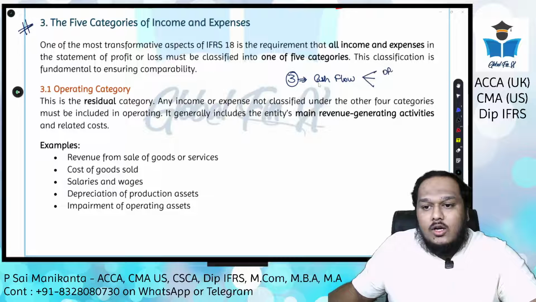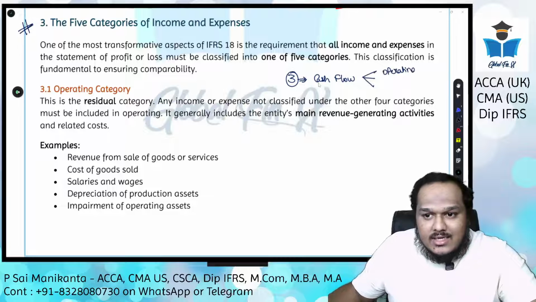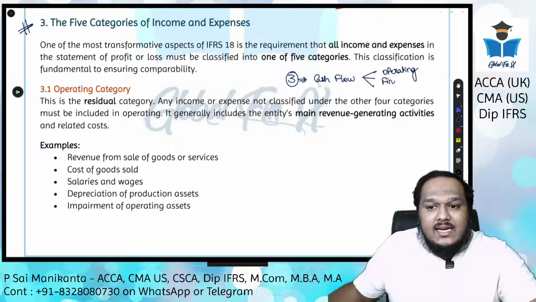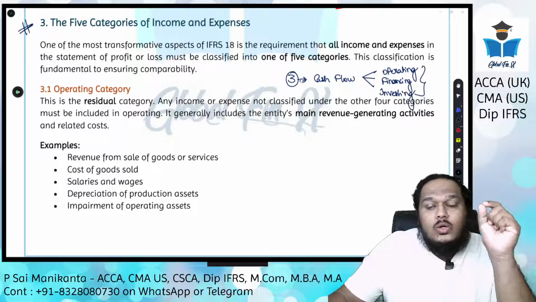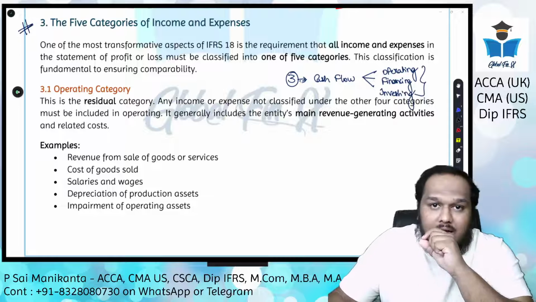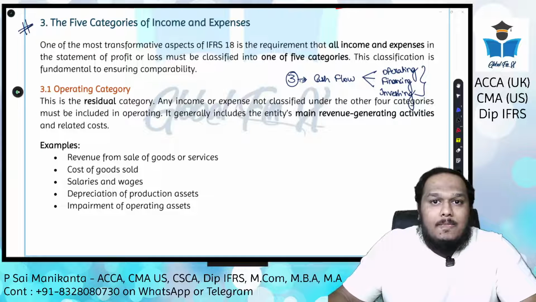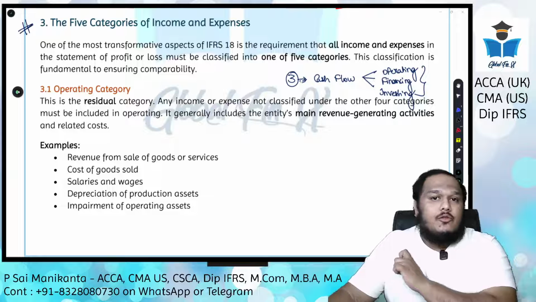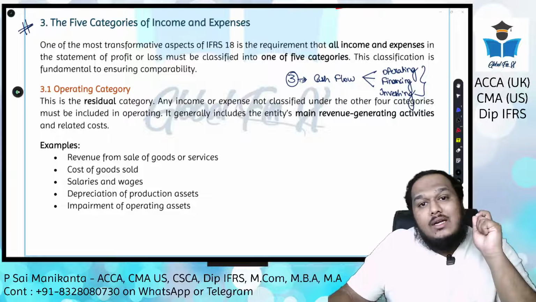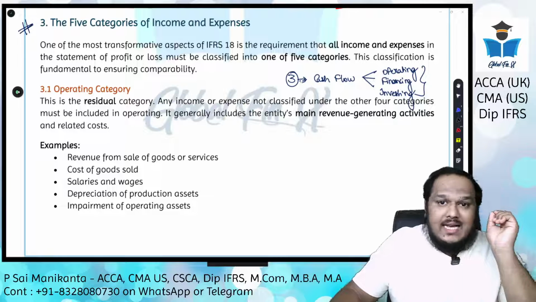First one is your operating activities, second one is your financing activities, and the third one is your investing activities, right? So the same three categories are now required in profit and loss as well. Earlier we were only doing the categorization for cash flows. Now we need to do it for P&L, incomes and expense items as well.